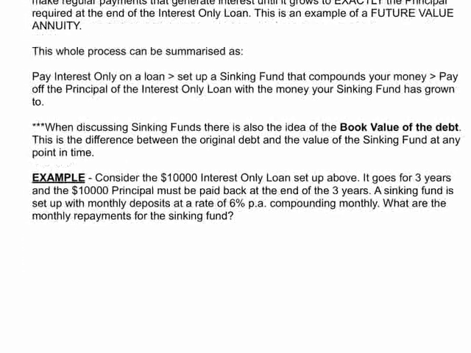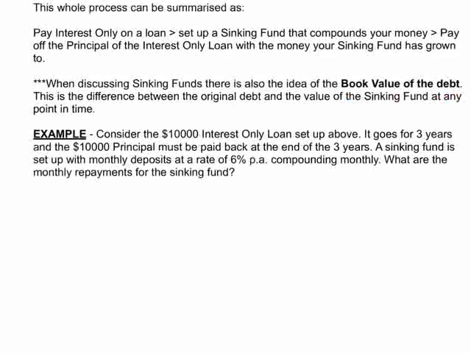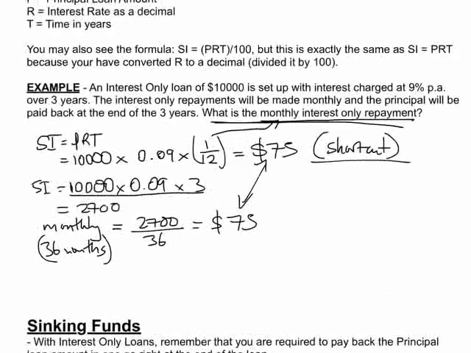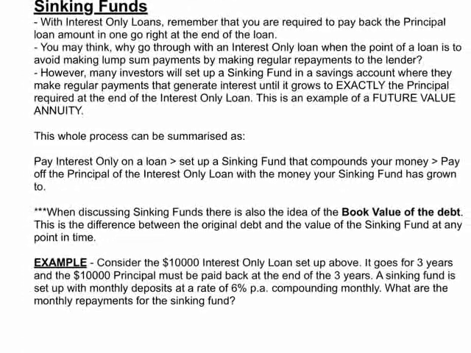Also, there's an extra thing to think about here. When you're talking about sinking funds, there's the idea of the book value of the debt. Okay, you say in this example, you owe $10,000. You're going to pay off that principal at the end. All you're doing is paying off the interest during the loan. You're going to pay off that $10,000 at the end. And what have you set up to pay that off?